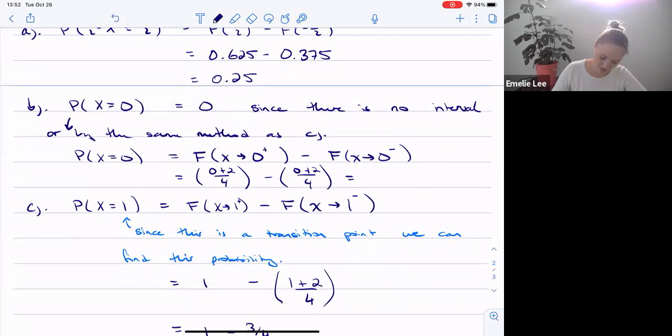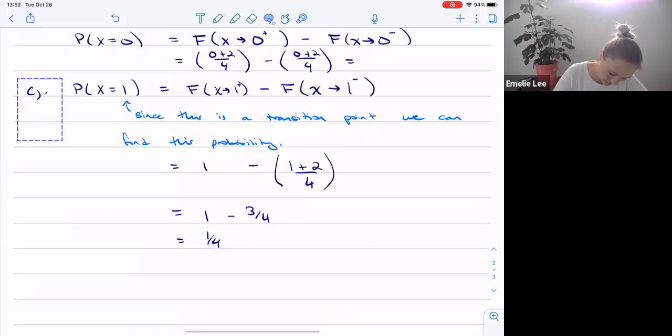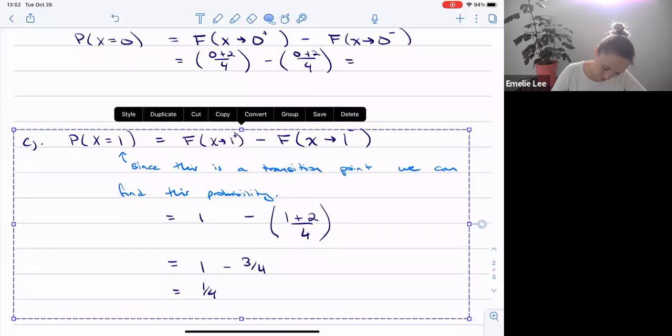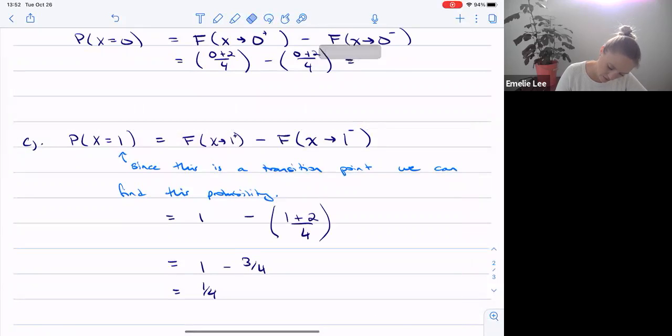I didn't give myself enough room here. Fine, I'll bump this down, two more lines. Two over 4 minus 2 over 4 gets us to 0.